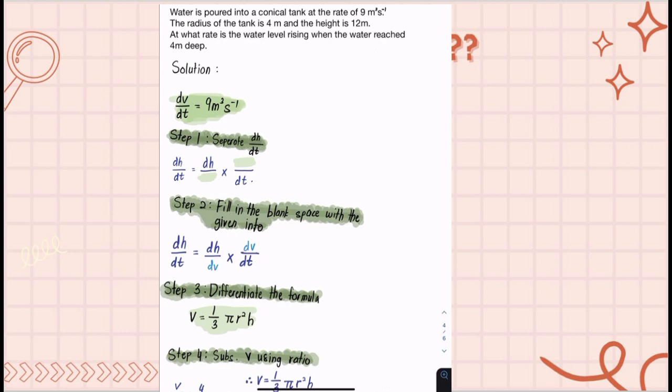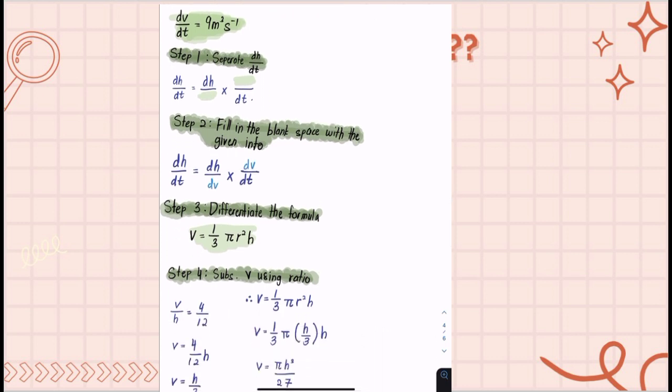For the first step, we need to separate dh/dt and make it dh/dV times dV/dt.